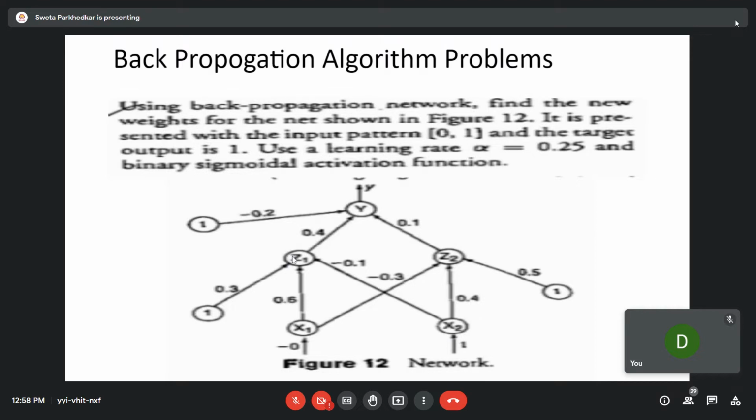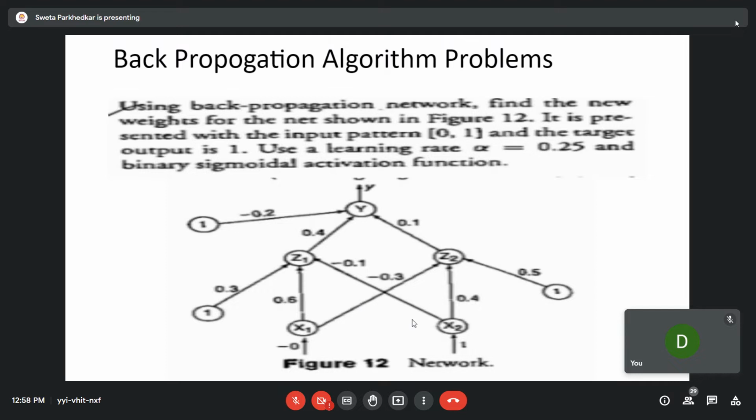What are the initial weight that is presented to the hidden network, that is z1? ठीक है, तो हम लोग क्या करेंगे? Suppose V11. What is V11? V11 is 0.6, right? The weights presented from X1 to Z1 is suppose V11 is equal to 0.6.